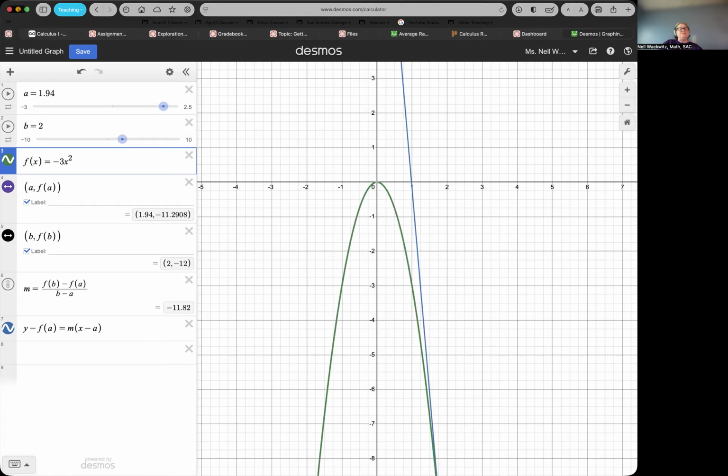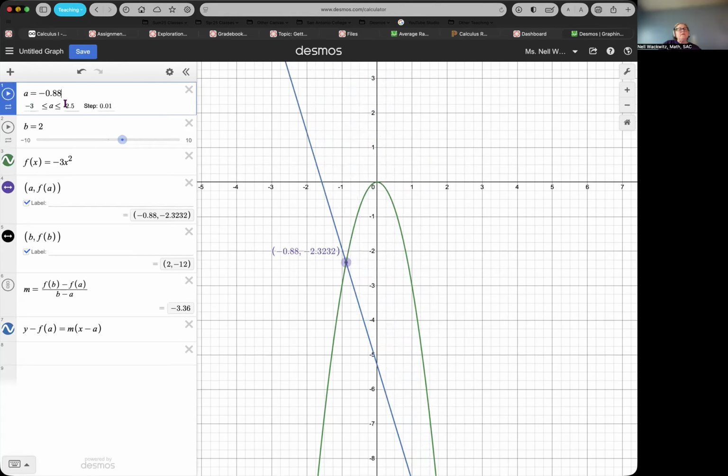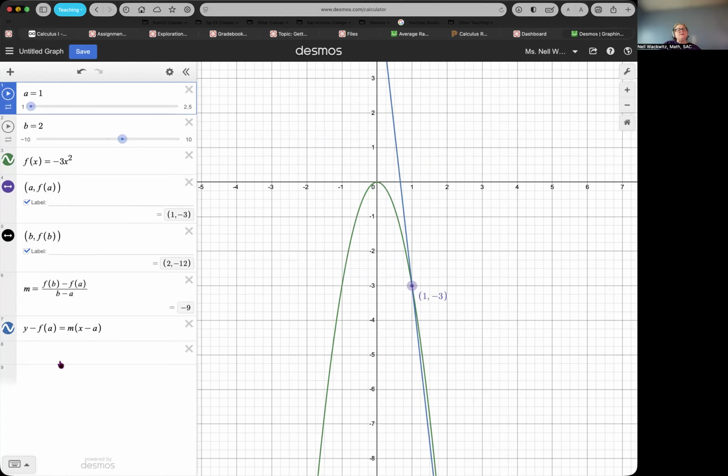Let's see what happens if we try 3. And I'm going to set this to go from 1 to 2.5 so that we can see it. Come on. There you go.